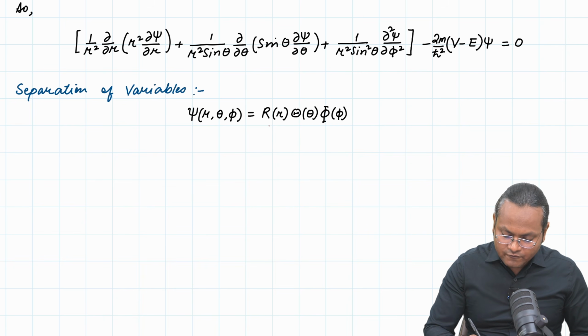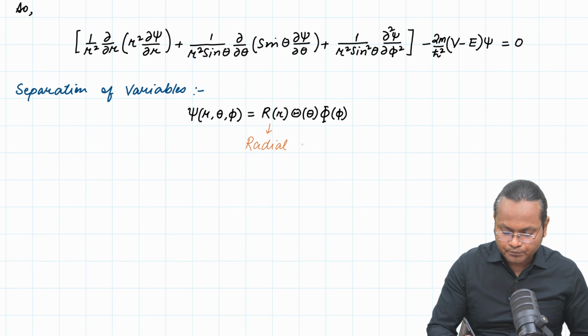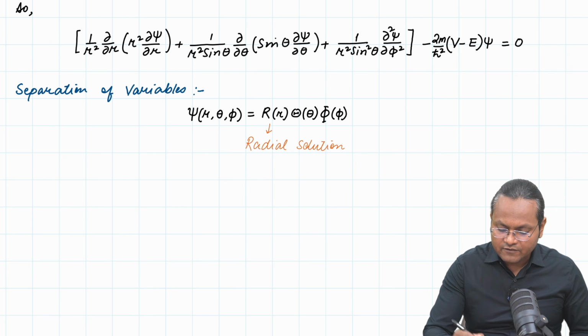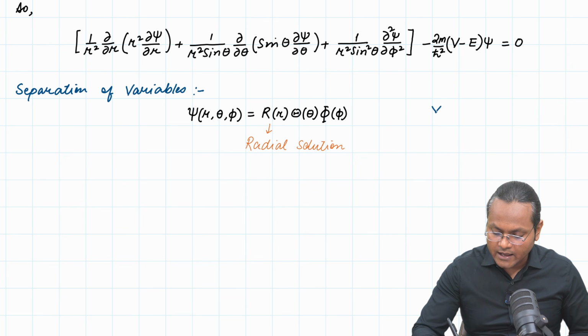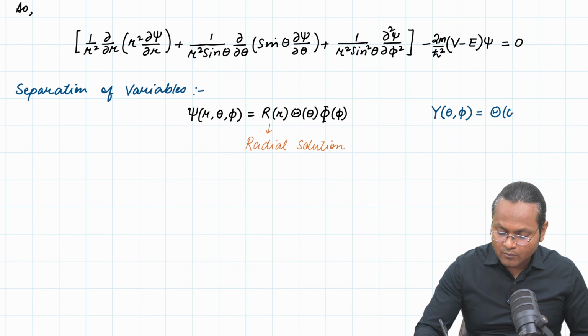Here, the R function is basically known as the radial solution, and Theta and Phi are combined as Y theta phi, known as the spherical harmonics.